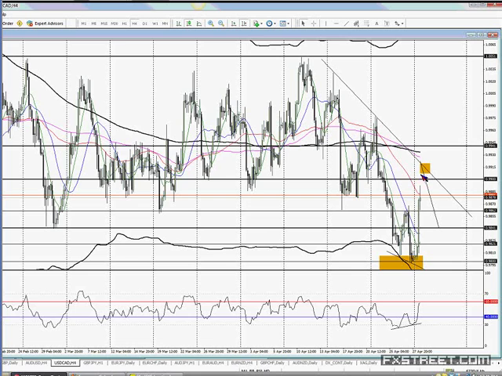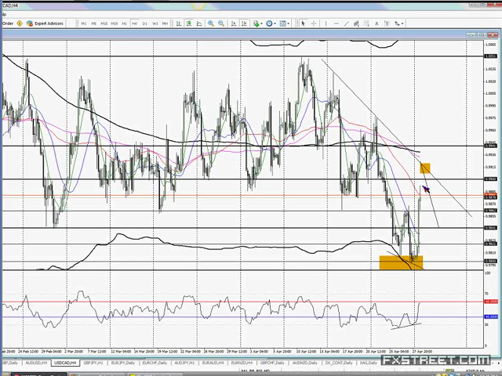So let's say at 99 you get a reaction, it comes down to 98.90, you get an entry. I think that's not going to give you a good reward to risk, especially if that isn't even the top yet.